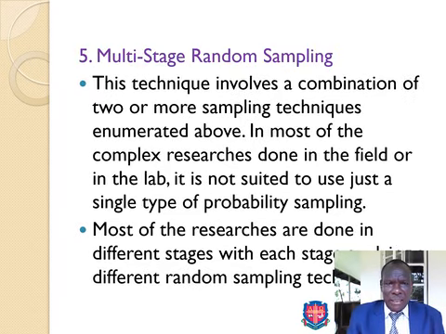So those are clusters. Having looked at that, we can now move to the fifth, what we call multi-stage random sampling. This technique involves a combination of 2 or more sampling techniques enumerated above. Most complex research done in the field or in the lab is not suited to use just a single type of probability sampling.